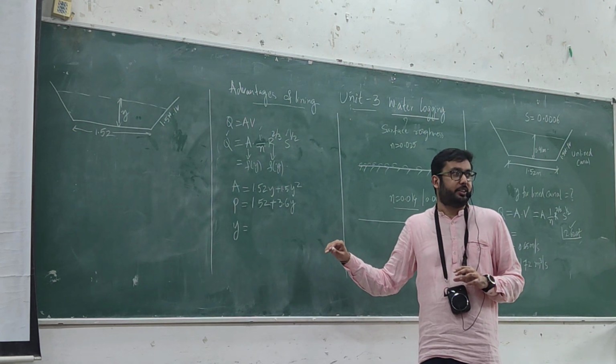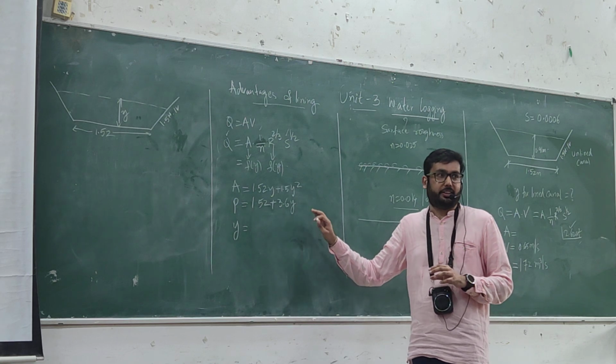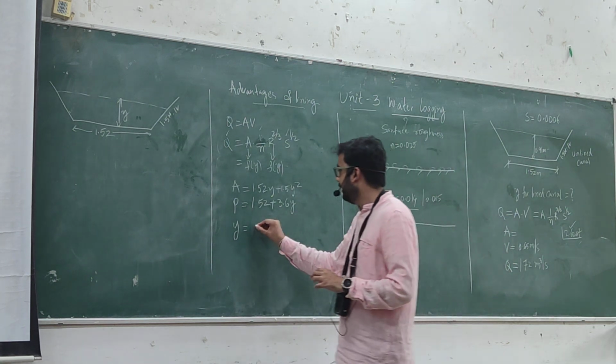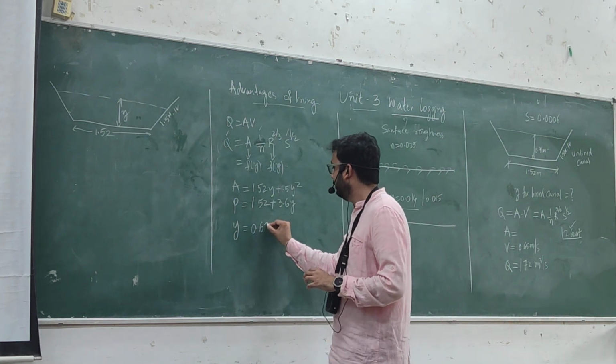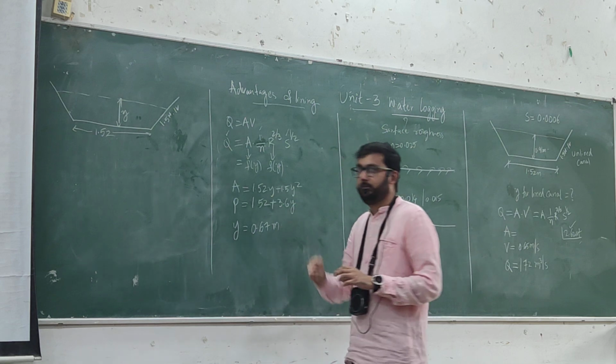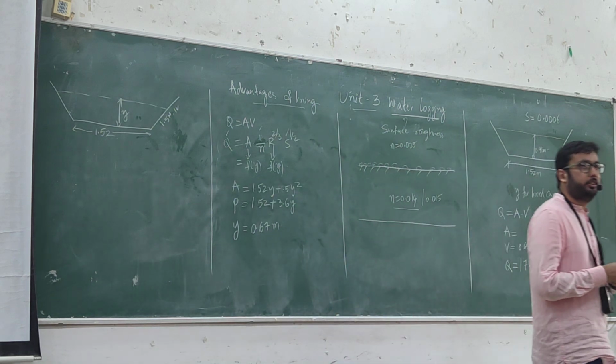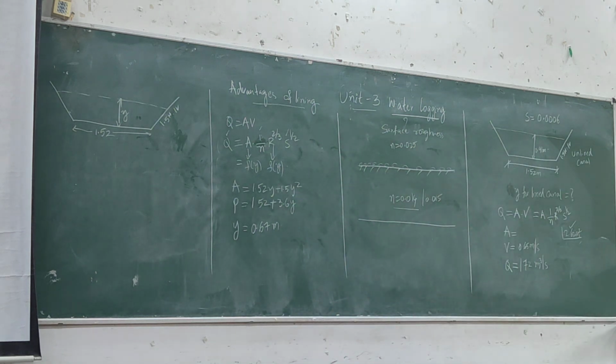No. But you got the area and perimeter. So the depth you should get is 0.67. So now for a lined canal, the depth is 0.67 for the same bottom width.